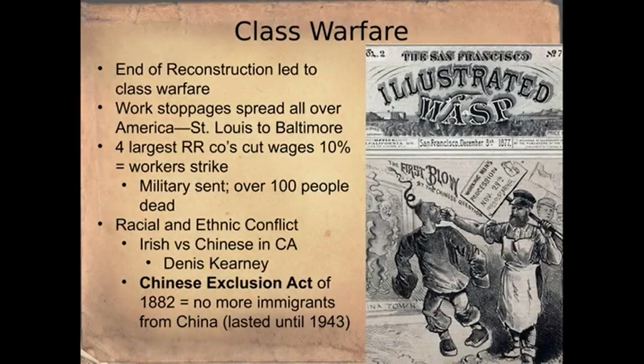The last thing here, an indirect consequence of Reconstruction, was class warfare. We have work stoppages all over America as the lower classes demand better pay and better rights. From St. Louis to Baltimore, they use railroad strikes and factory strikes. In fact, the four largest railroad companies cut wages by 10%.